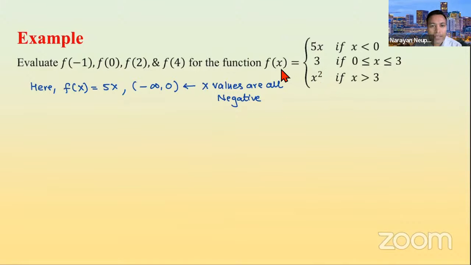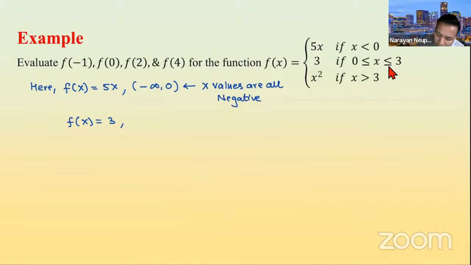The second piece: the value of the function is 3, and this is for all values between 0 and 3. 0 is included, since it is less than or equal. 3 is also included.